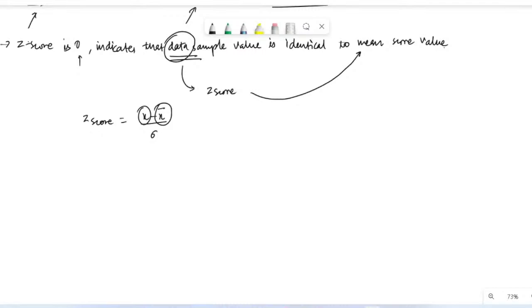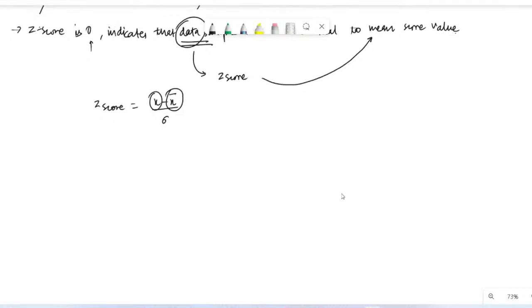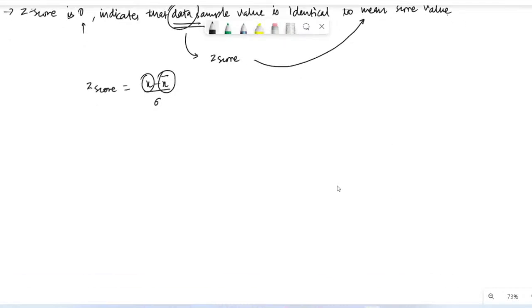Okay. So let's try to discuss here the box plot, because with the help of the box plot we can also perform certain statistical operations like detecting outliers.